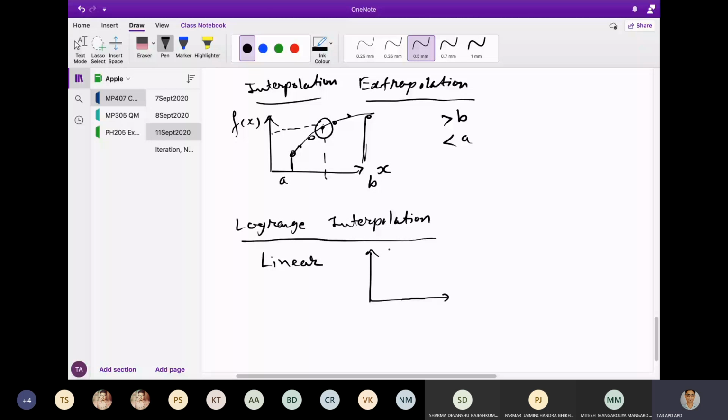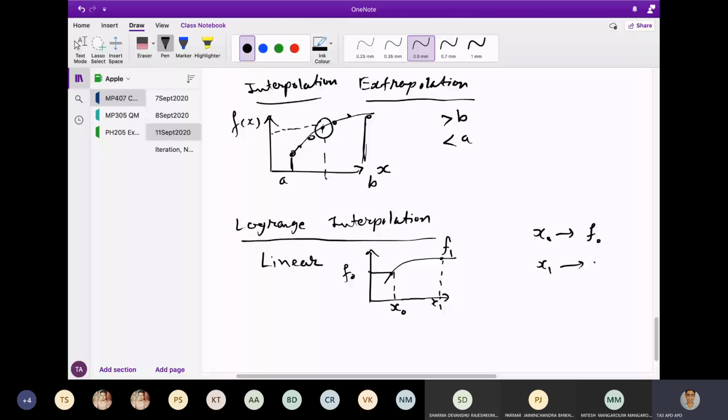If you have some curve, something like this, and you are given 2 data points, somewhere here this is f0, and somewhere here this is f1. So you have the two values x0 and x1. For x0 you have f0, and for x1 you have f1.